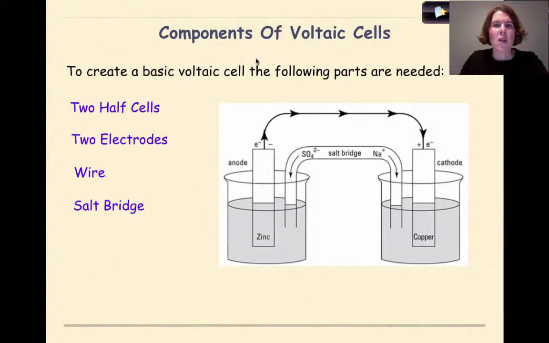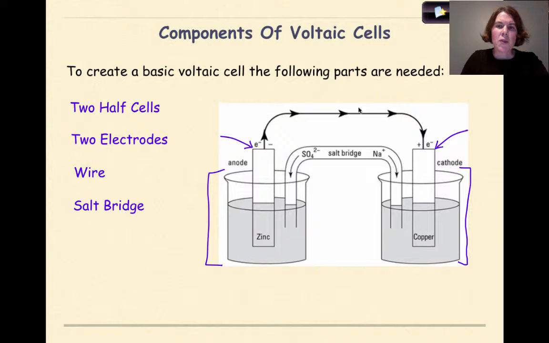Now let's briefly look at the components of a voltaic cell before we get into more detail. To create a basic voltaic cell, the following parts are needed. 2 half cells, which we're going to represent here by these beakers, so these are our half cells. 2 electrodes, we're going to see these as most likely pieces of metal. Other things can be used, but we're going to focus on metals being our electrodes.